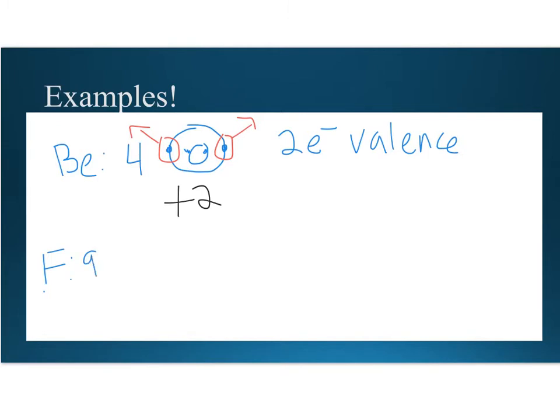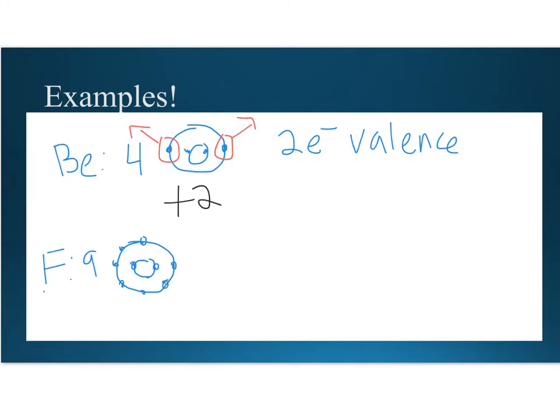So when I draw its electrons, I'm going to have 2 circles, 2 electrons in the middle, and then 1, 2, 3, 4, 5, 6, 7 electrons on the outside ring. Okay?